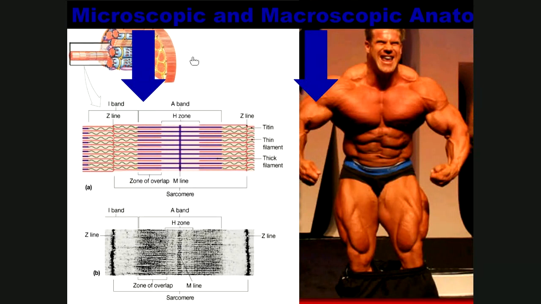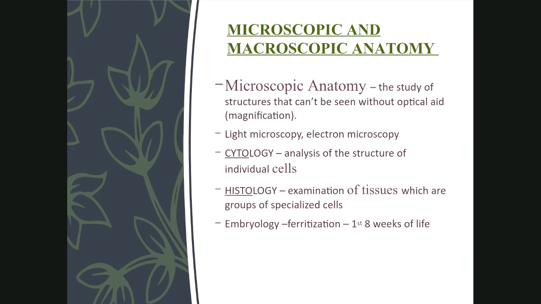Versus microscopic anatomy, where we do need some type of magnification to see, for example, the sarcomere, which is the functional unit of skeletal muscle. There's a variety of tools we use for this, such as a light microscope or an electron microscope, where we can see things to a greater degree.